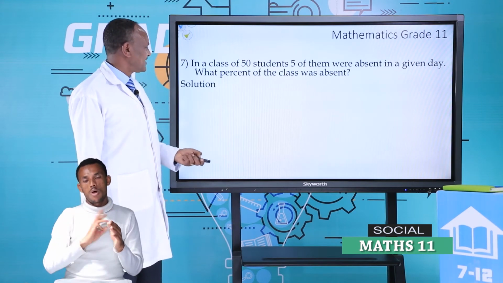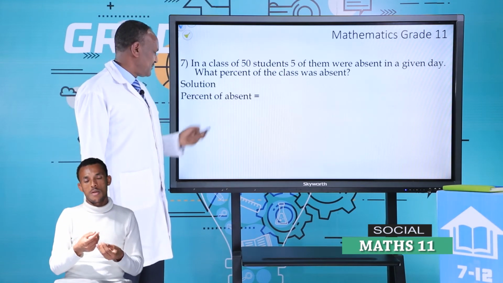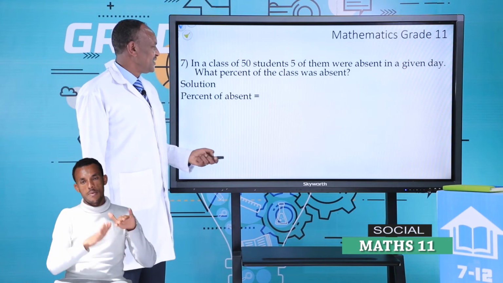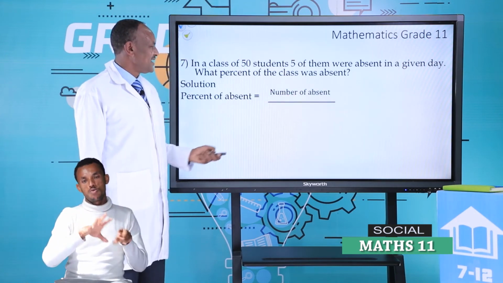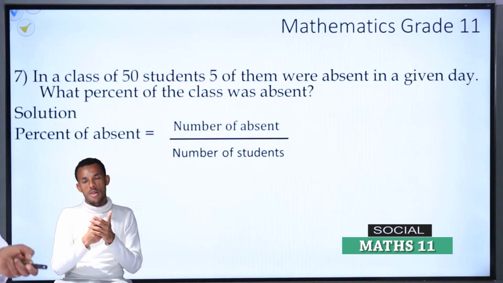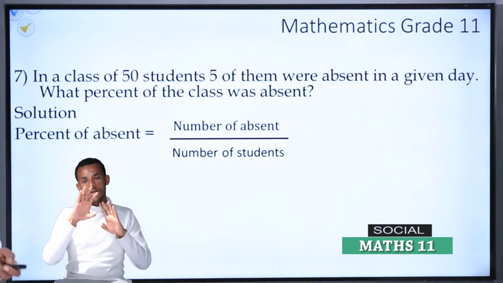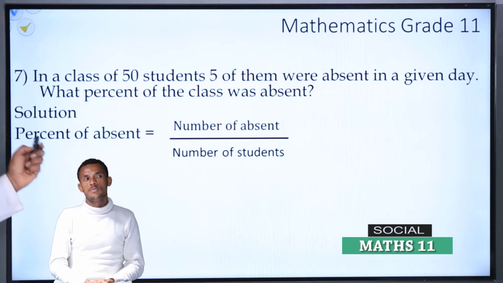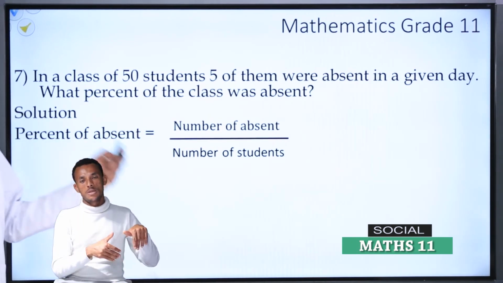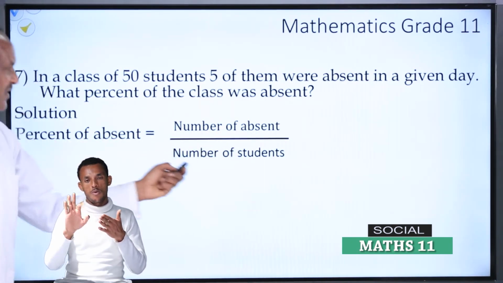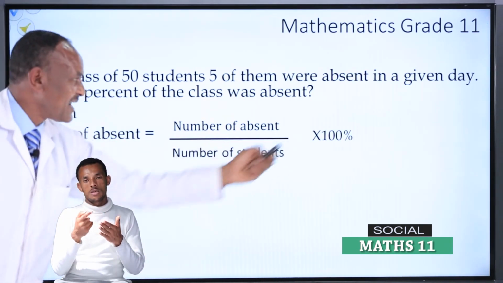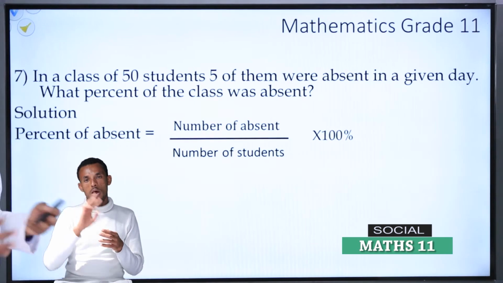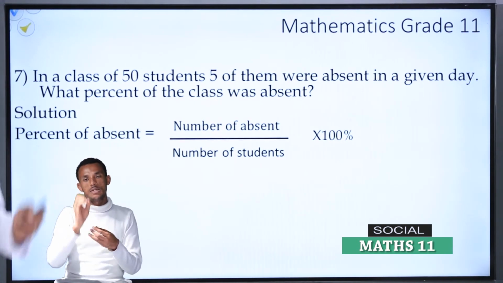So the percent of absentees will be the number of absent students divided by the total number of students in the class. But here this should be multiplied by 100 because we are expected to give our answer out of 100.